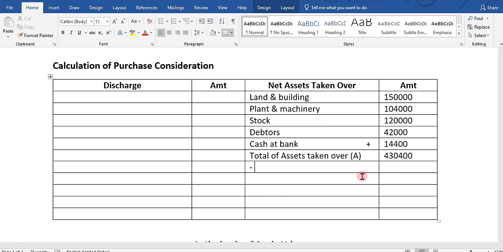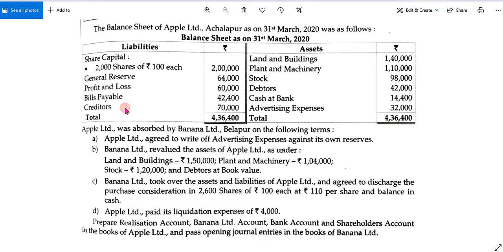Now less liabilities taken over. So now liabilities are bills payable 42,400 and creditors 70,000. Okay, so see here, Banana Limited, read the C point. Banana Limited took over the assets and liabilities of Apple Limited.